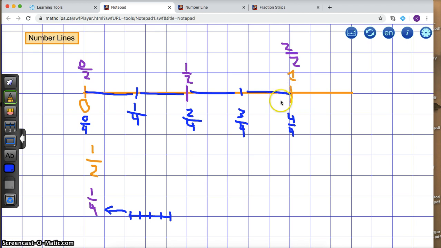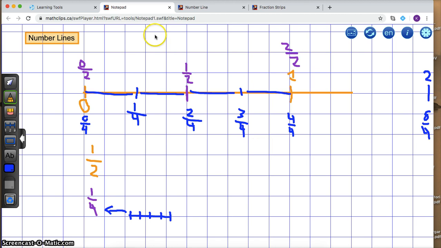One of the other reasons I put my number line here is your number line can go on and on. So if I had more room, I could put the 2 wholes here. And I could keep counting by quarters or by fourths. 0/4, 1/4, 2/4, 3/4, 4/4, 5/4, 6/4, 7/4, until I get up to 8/4.